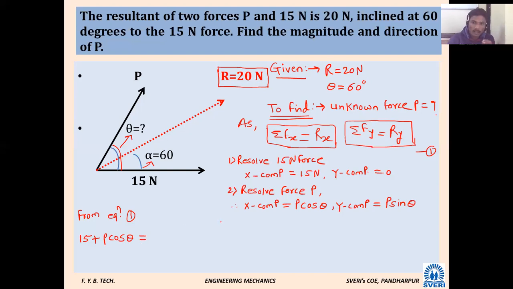Rx. But what is Rx? The x component of the resultant. What will be that? R is known, 20 Newton. And the angle is also known. 20 cos 60. Very good. 20 cos 60. From this now calculate P cos theta.